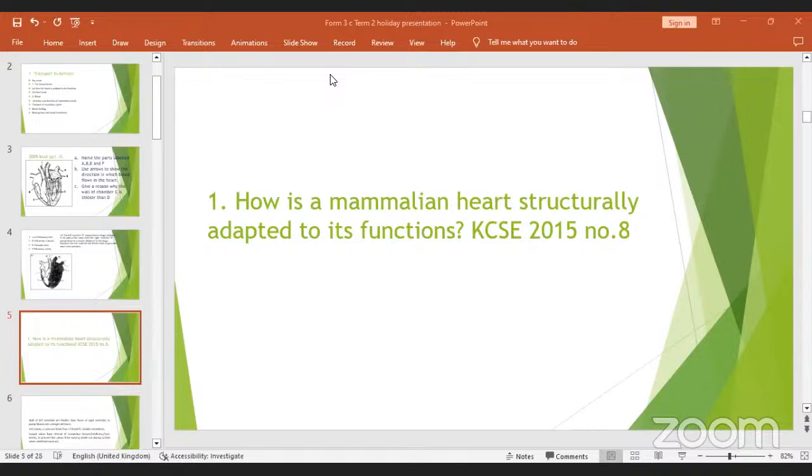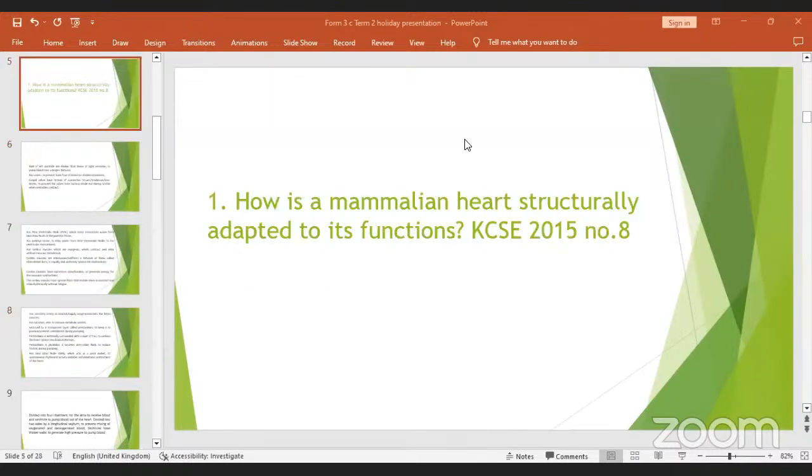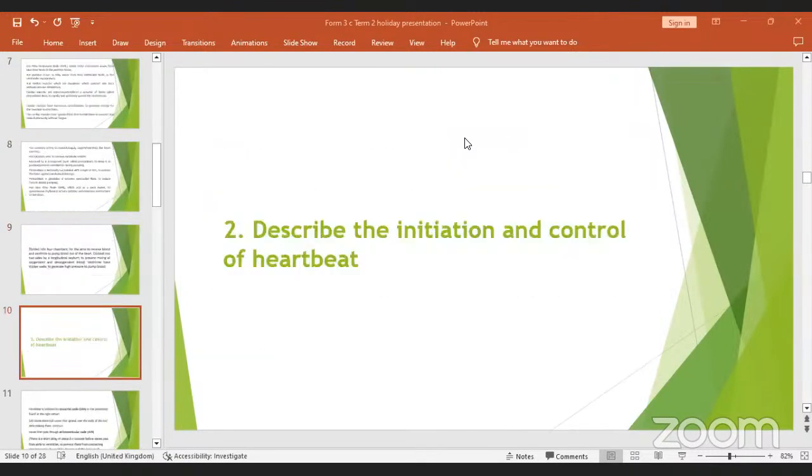And then the reason for that, to pump blood for longer distances or to the whole body. These 3 things must appear, unless the part you are mentioning does not have modifications. If there is any question, I will be ready to respond.